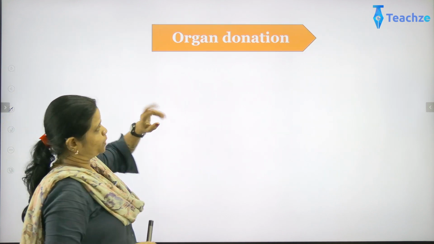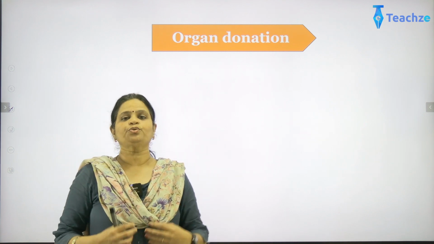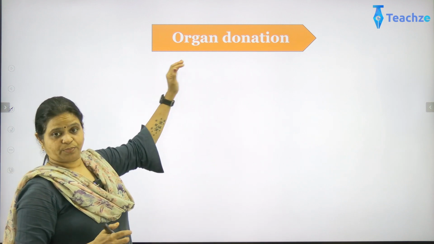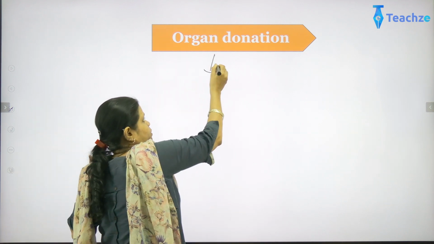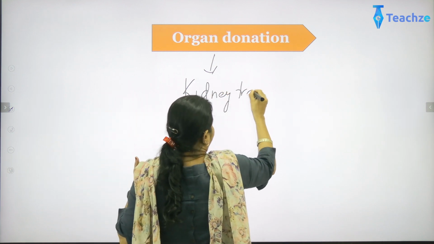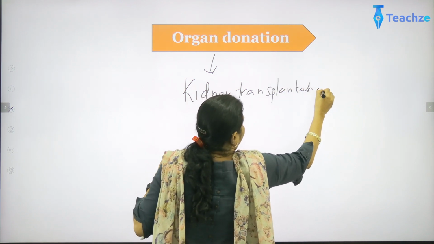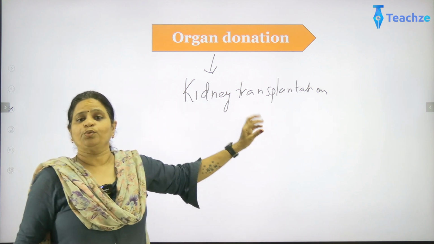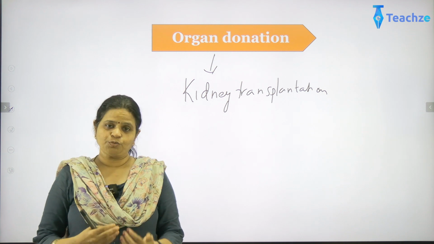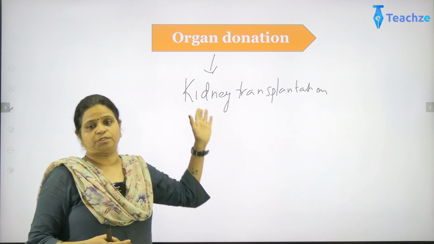Now coming to the next one: when the kidneys fail and hemodialysis also cannot be done, then we only have one process which we can do, that is organ donation. Now kidney transplantation can be done, but it is a difficult process because the body has to accept that foreign organ from somebody, and the blood has to match and that foreign kidney has to settle in the patient's body.